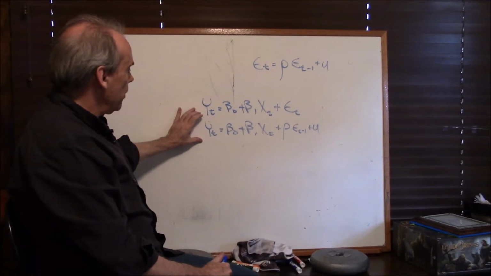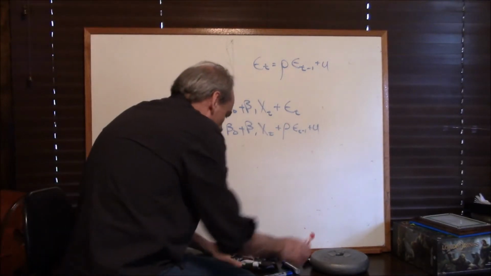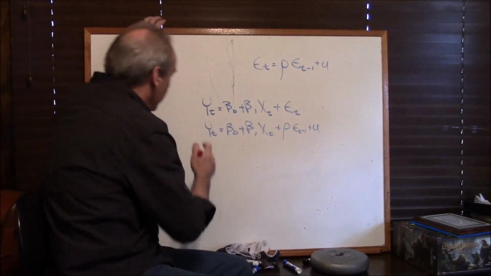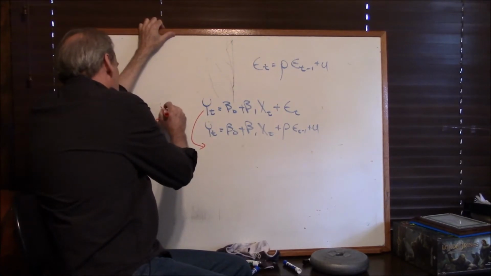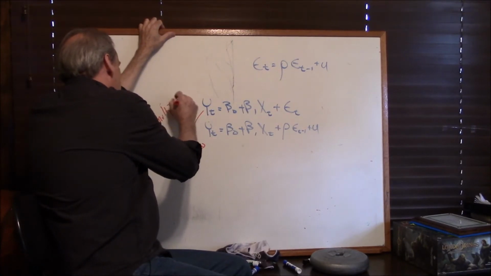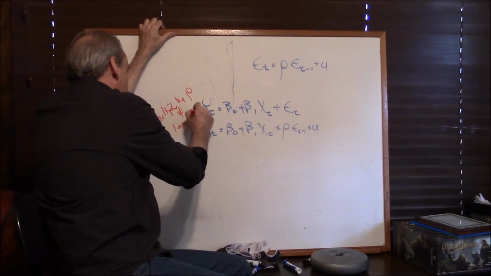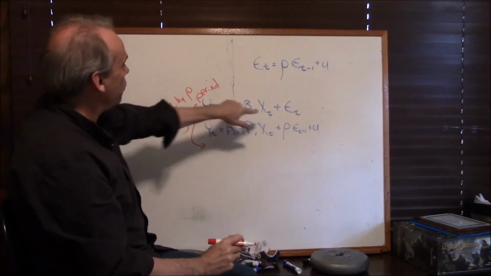All right. Now, check out this equation. Take the previous equation. Multiply by rho and lag 1 period. So this is going to be drawn from the first equation, not from the second.